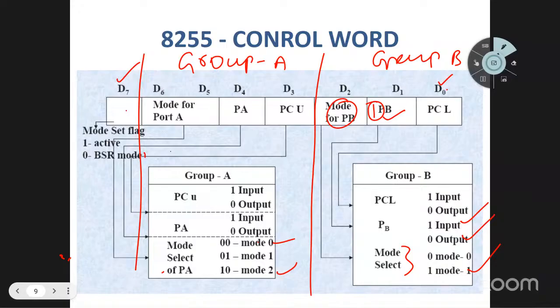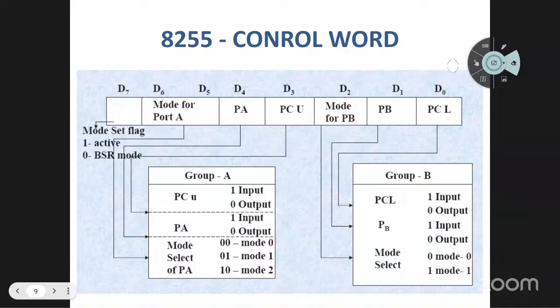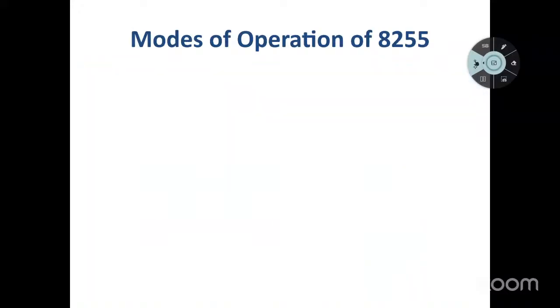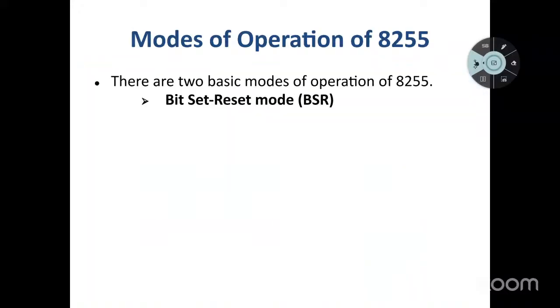One is the BSR mode, and the other is the IO mode. One is bit set reset mode, the other is input output mode. Input output mode again has 3 modes. So the basic 8255 is operating in 2 modes.